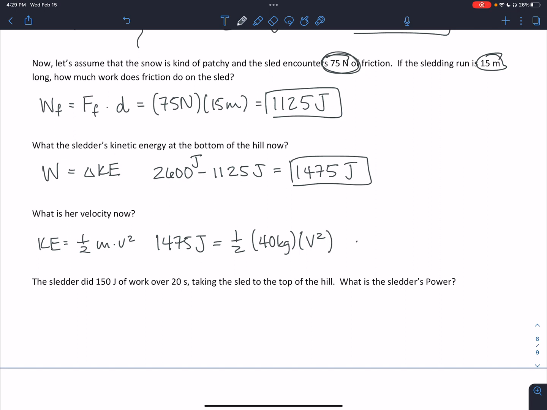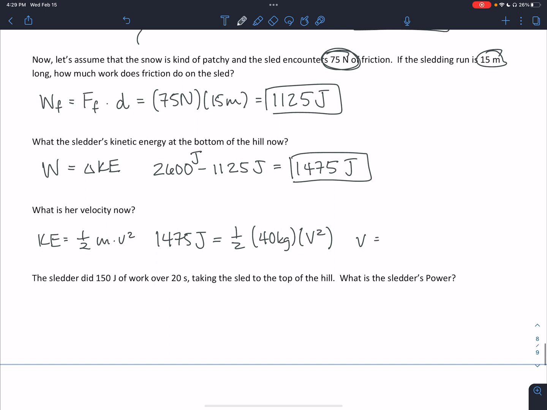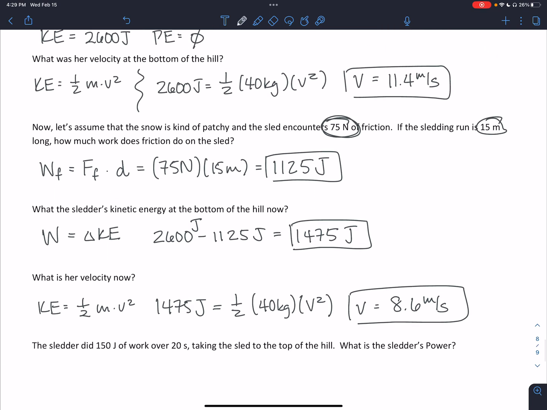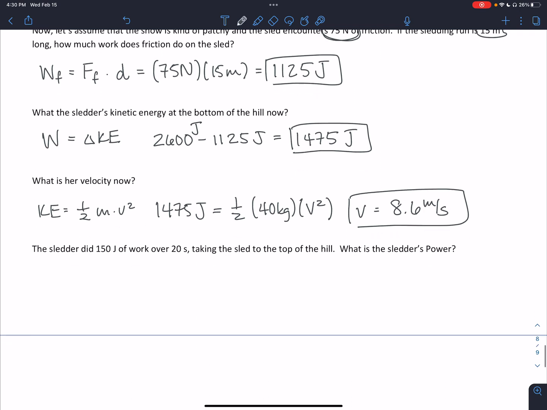Multiply both sides by 2, divide by 40, take the square root, and we find that the sledder is going slower than before, 8.6 meters per second compared to 11.4 meters per second. This is because some of the energy that's provided is being converted into work done by friction. Friction removes some of the energy available. It's not being destroyed, it's just being transformed, and we lose some of that speed.